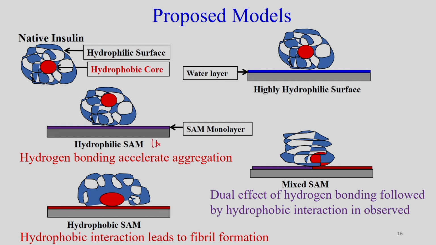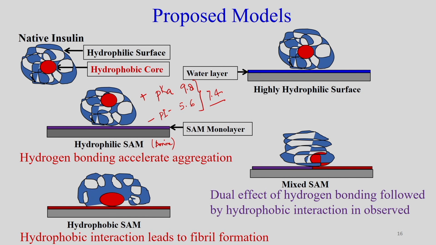Now, let us consider the hydrophilic amine surface. The pKa of the amine group is 9.8 and the pI of insulin is 5.6. So, if you are performing the experiment at pH 7.4, it means the amine will have a positive charge and insulin will have a negative charge, because at pH above the pI it will have a negative charge, and at pH below the pKa it will have a positive charge.